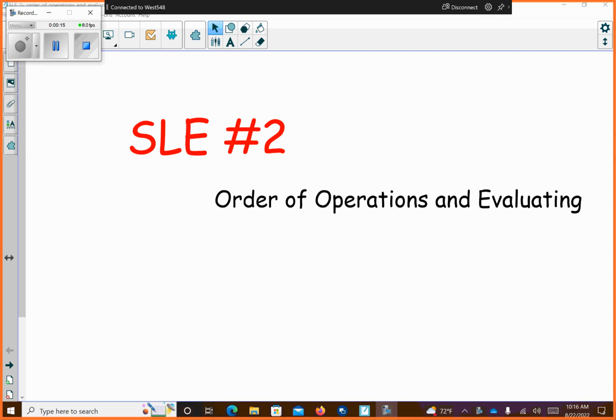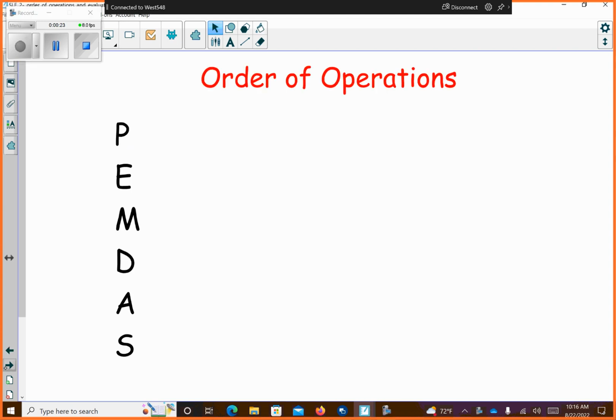We had started on, we talked about order of operations. So remember with order of operations, PEMDAS is kind of to use as a tool, but it's not the hard and fast rule of everything.